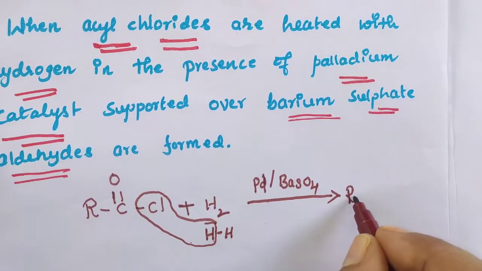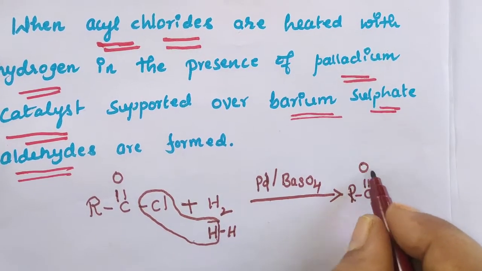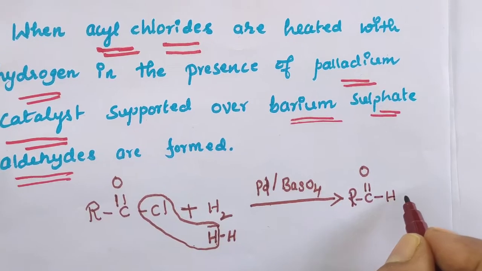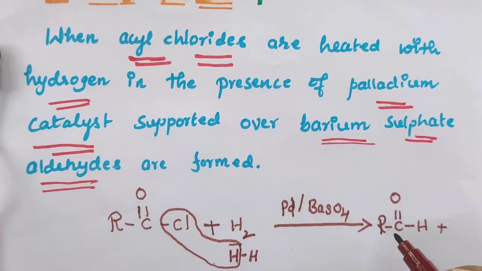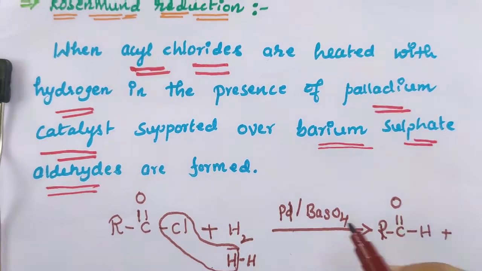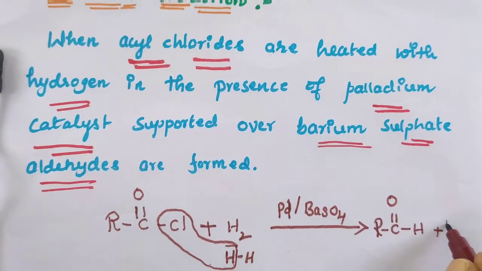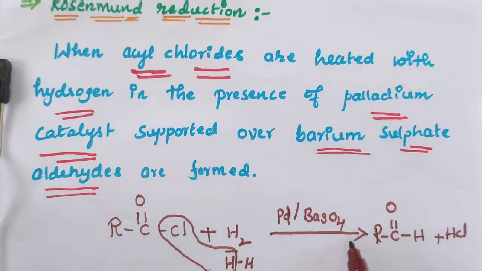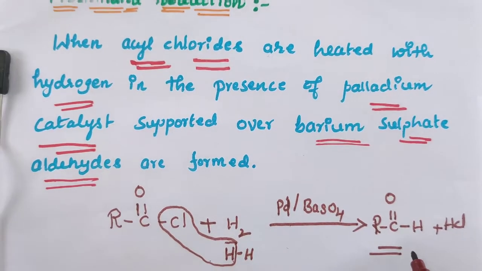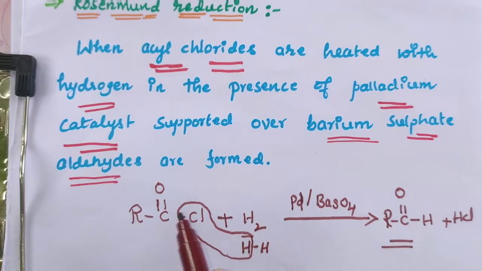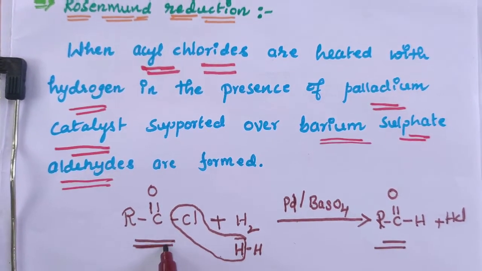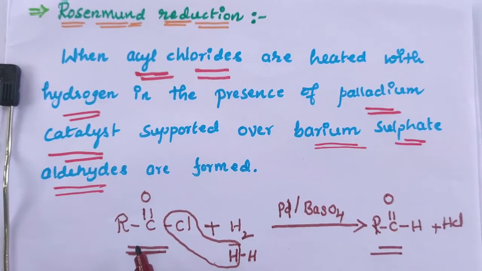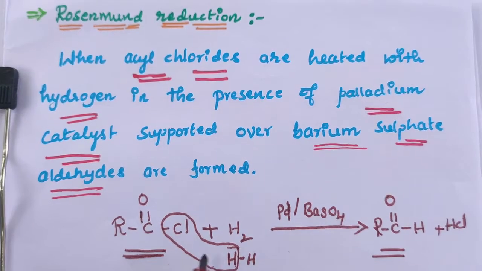The product we get is RCHO, which is an aldehyde, with elimination of HCl. So we have obtained an aldehyde as the product in the presence of the catalyst, taking acyl chlorides as the reactant.